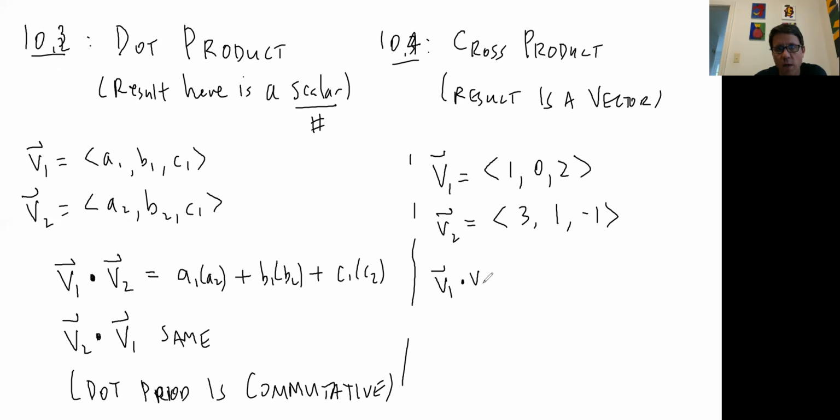So V1 dot V2, all I do is multiply the 1 and the 3, the 0 and the 1, the 2 and the minus 1, and then add them up. This would be 1 times 3, 0 times 1, and 2 times minus 1. You can always check my math in here. So that's 3, 0, and minus 2. So I'll end up getting 1 as the dot product there.